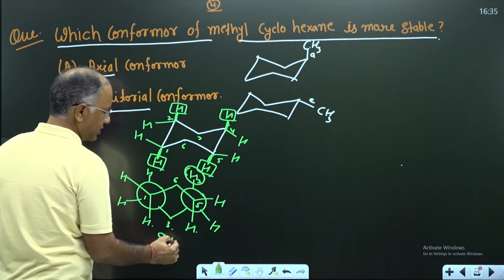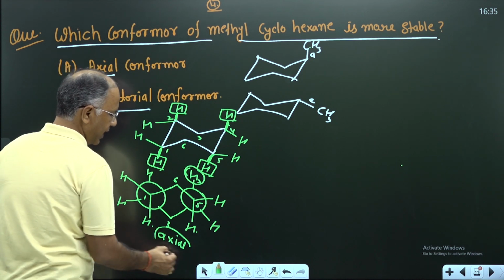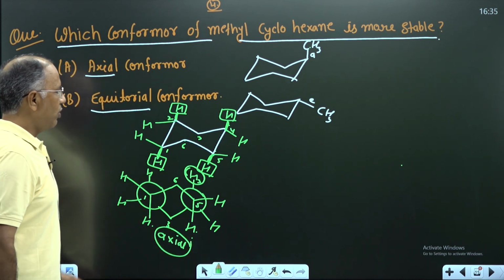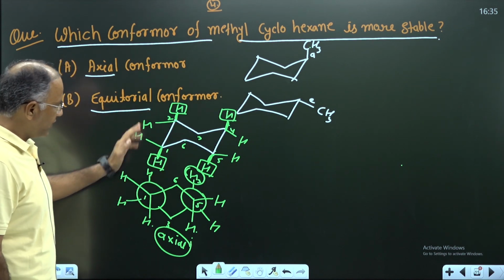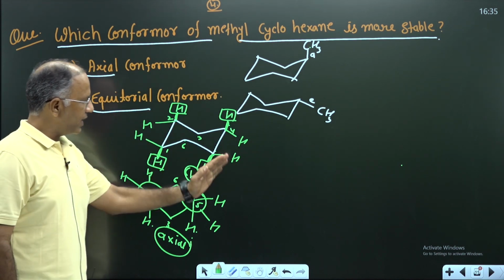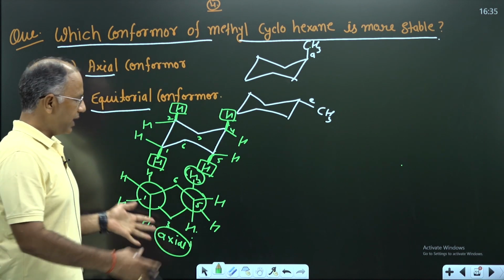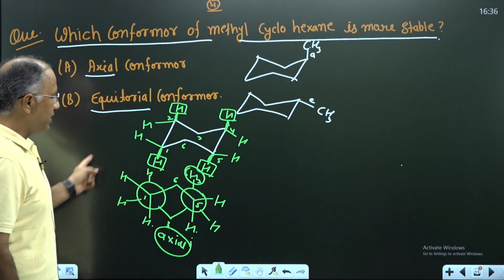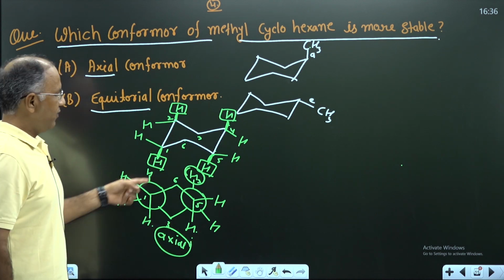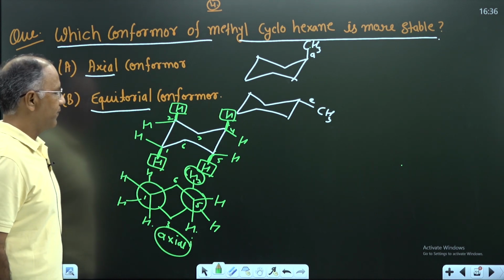This is the Newman projection of the axial conformer. You have to divide this cyclohexane into two parts. The first part is across 1, 2, this is the Newman. The second part is across 4, 5, this is the Newman. Then you have to club these two Newman projections. So overall this becomes one Newman of methyl at axial position.